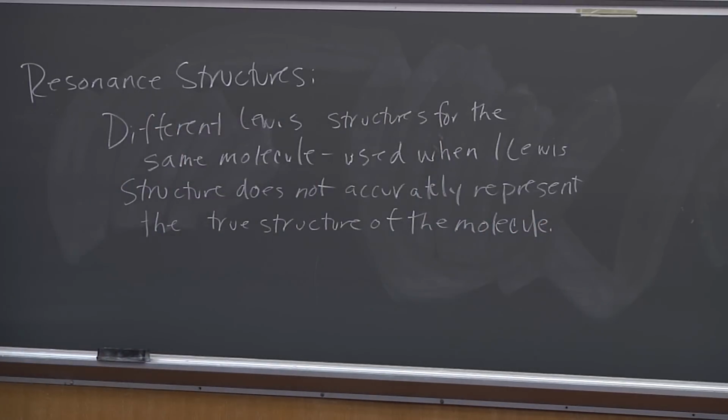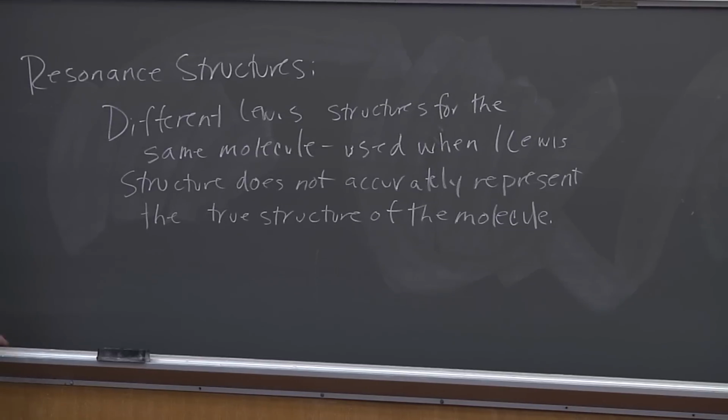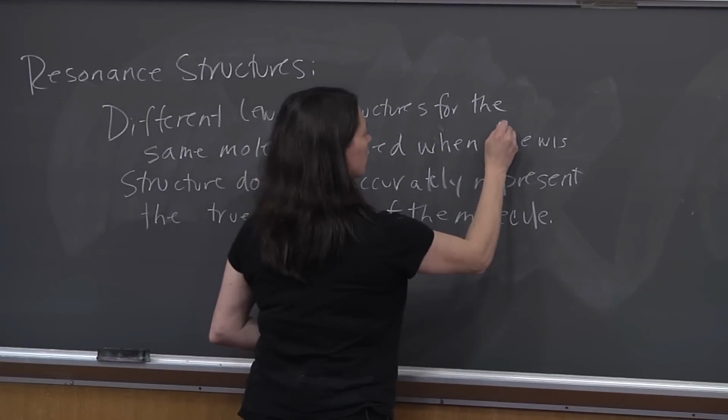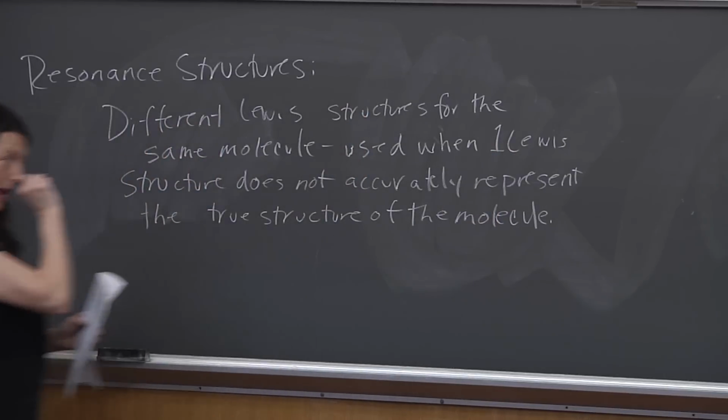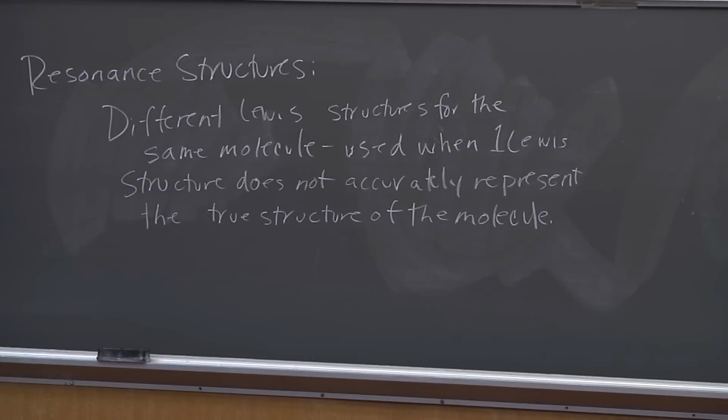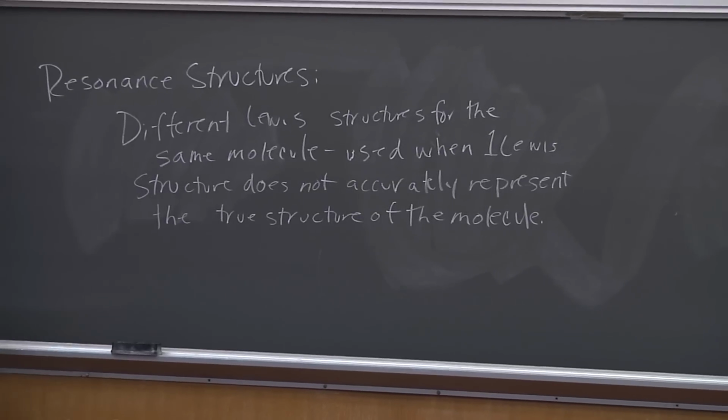Okay, so resonance structures are different Lewis structures for the same molecule. And these are used when one Lewis structure does not accurately represent the true structure of the molecule. So what does that mean?